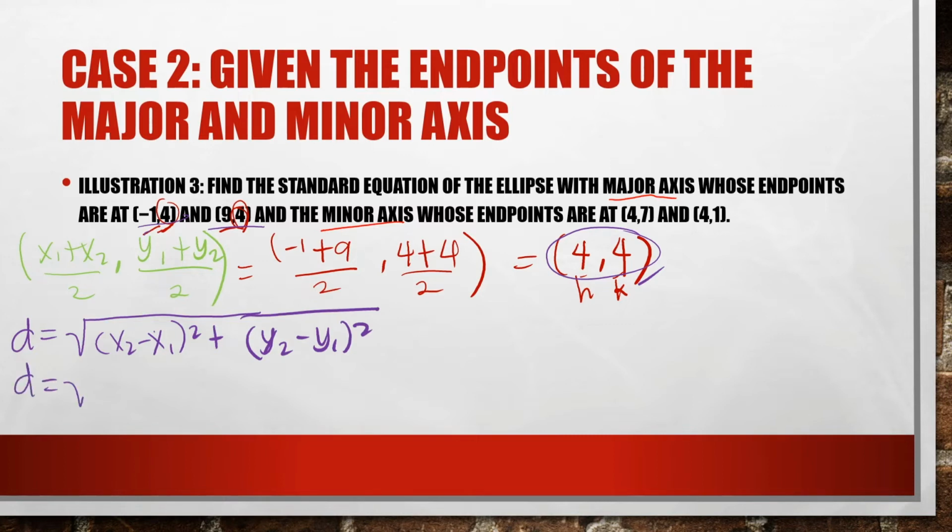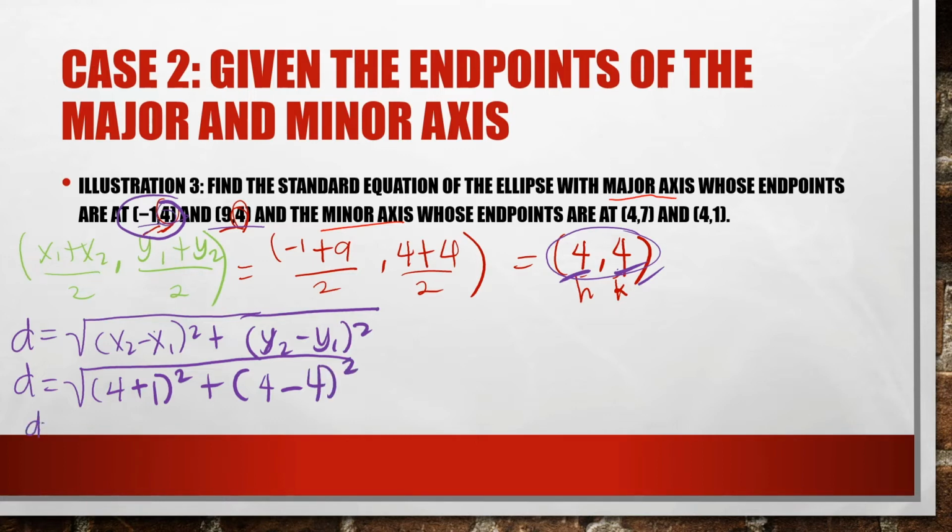So, yung x sub 2, itong 4, minus x sub 1. So, gamitin natin itong negative 1 and 4. So, yung x sub 1 is negative 1. So, nagiging positive 1 squared plus y sub 2, so 4 minus y sub 1, so 4 ulit, squared.